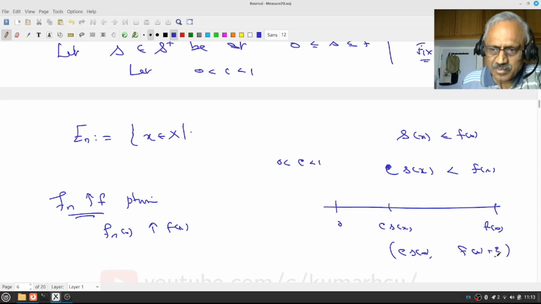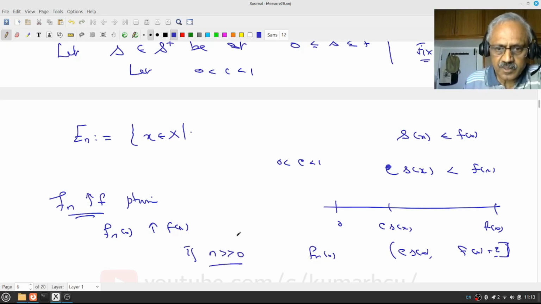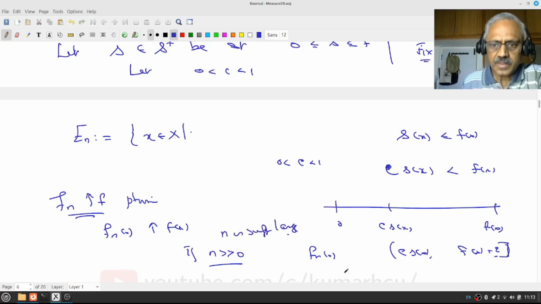I don't care what epsilon you want to put, take it anything. But f n of x is always less than or equal to f of x, therefore it will actually be here. Do you understand that? My f n has to be here for n large, that is, f n sufficiently large. f n of x has to increase to f of x, therefore it has to be here.